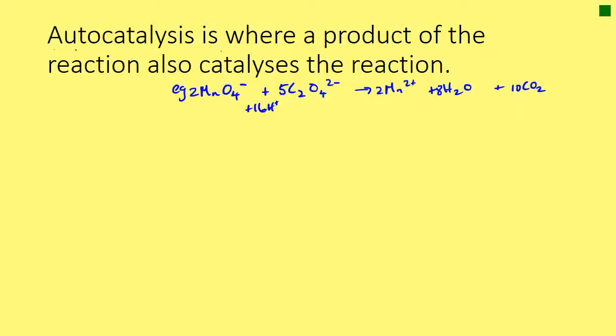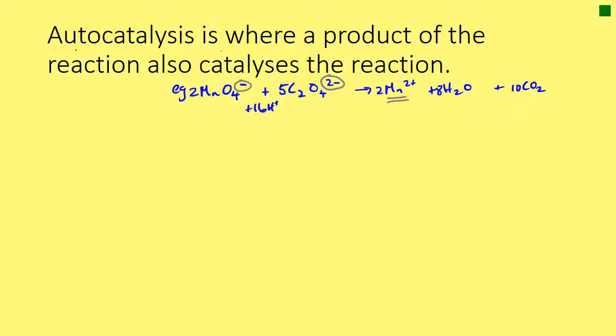Save me writing aqueous everywhere. So it's a homogeneous catalysis situation, but you'll notice that again we have negative charges on our reactants, and so it's going to react slowly to start with. But as the reaction proceeds, we are going to get some manganese 2 plus ions created, and when we do, we can have an alternative reaction pathway.